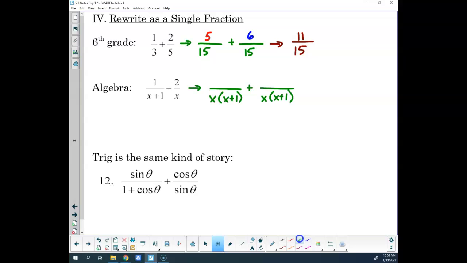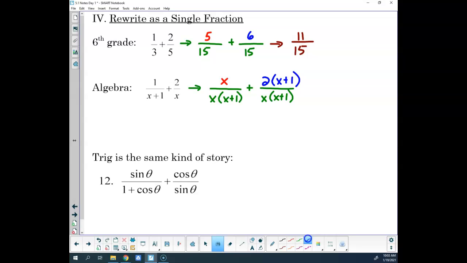The first fraction is missing an x on the bottom, so you need to multiply the top by x. And so you got x there. In the second fraction, we're missing an x plus 1, so we have to multiply the top by x plus 1.